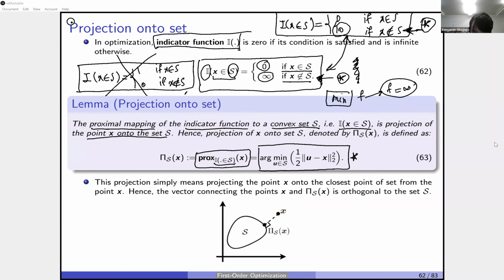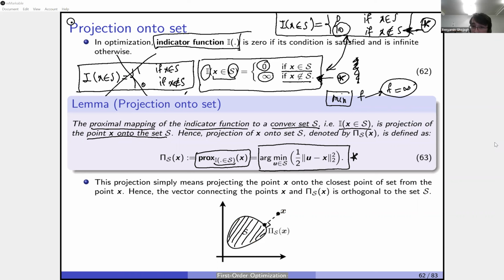Okay. What does the right-hand side of equation 63 say? It says that when you have a point X and you have a set S, find the argument, find a U in the set S. So U must belong to the set S, one of these points.